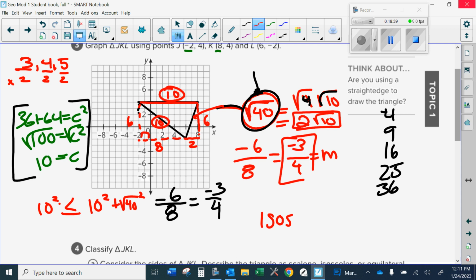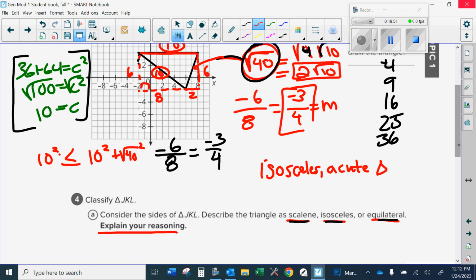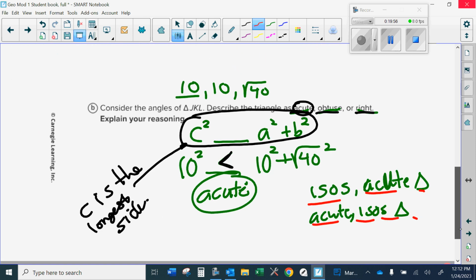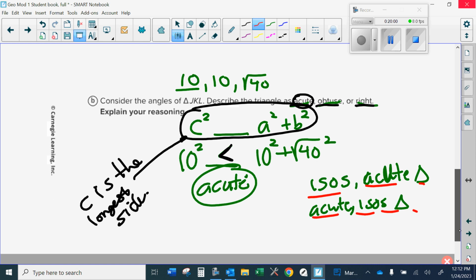And so therefore it's an isosceles acute triangle. Okay, isosceles because it has two congruent sides, acute because c squared is less than a squared plus b squared. I know that on the DCAS. Okay, so there's the work for that down there as well.